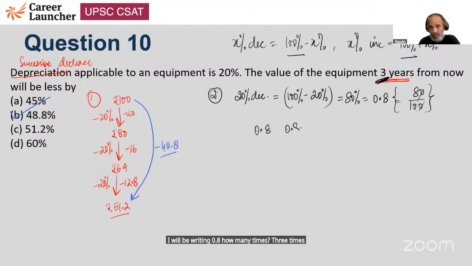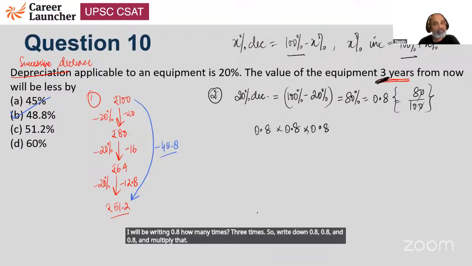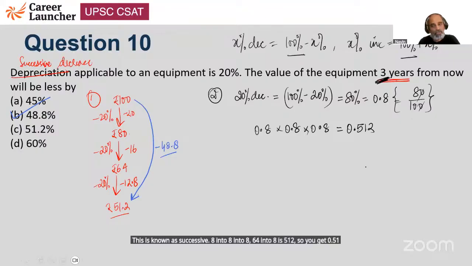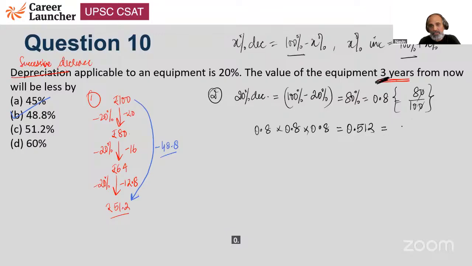So write down 0.8, 0.8, and 0.8 and multiply that. This is known as successive. 8 into 8 into 8, 64 into 8 is 512. So you get 0.512. If I want to get it back to percentage, this is going to be 51.2%.